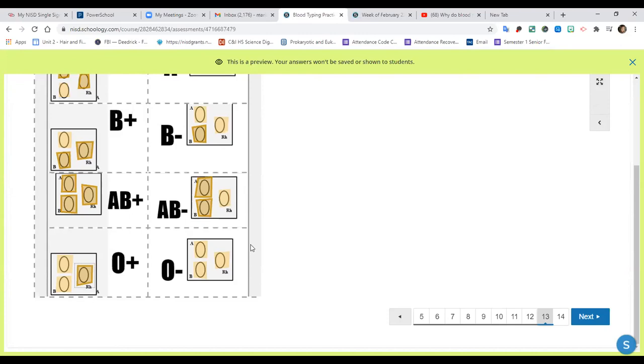Where would it clump? On this one, remember that O does not have an A and a B. And it's also negative. So it won't clump on RH. Okay, so this one, there will be no clumping. All you will see is just the liquid.